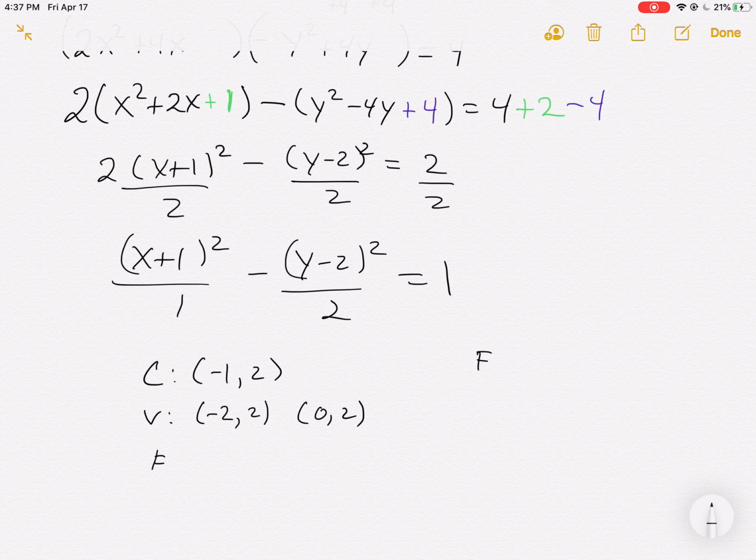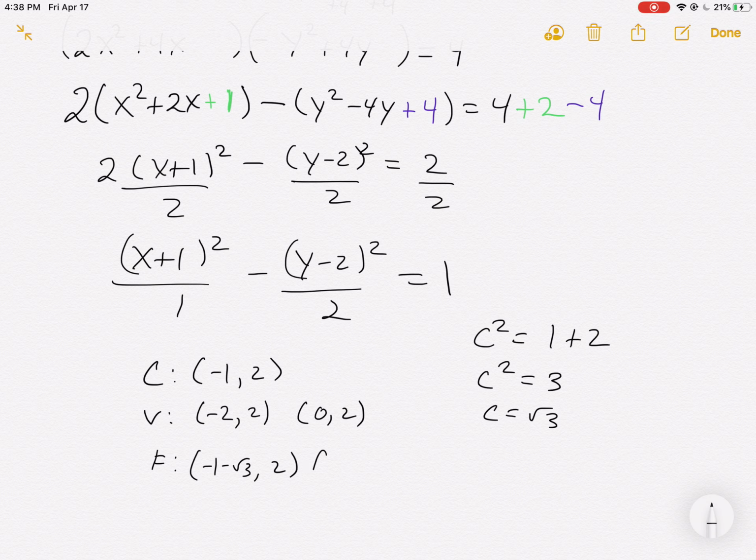I'll put the F over here. We know that c squared needs to be equal to a squared plus b squared. In this case, c squared is equal to 3, so c is root 3. So we have negative 1 minus root 3 comma 2 and negative 1 plus root 3 comma 2. That's the best way we could write that, and those are beyond those two vertices.